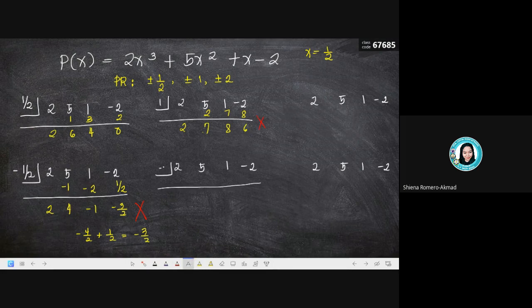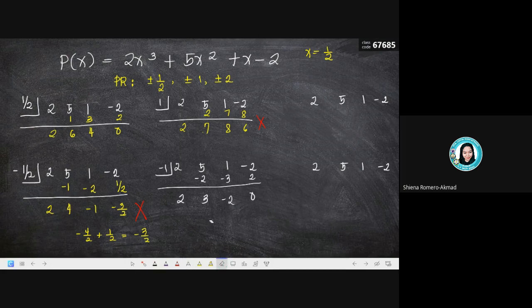How about negative 1? So 2 times negative 1 is negative 2. This is 3, times negative 1 is negative 3. So this is negative 2 times negative 1 is positive 2. This is 0.